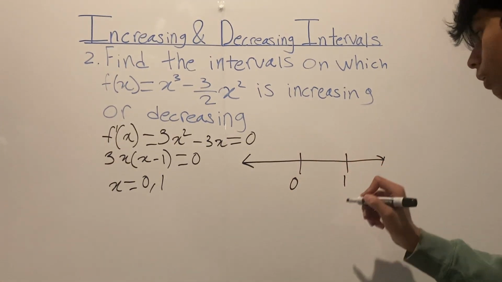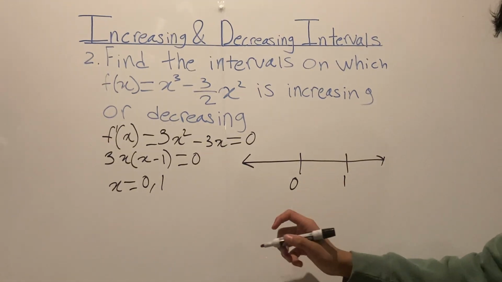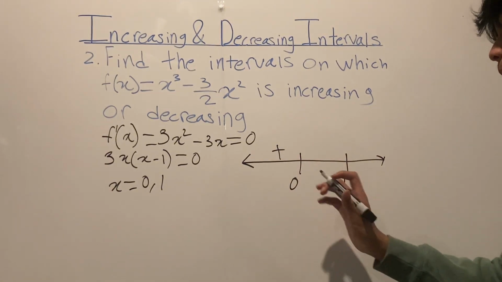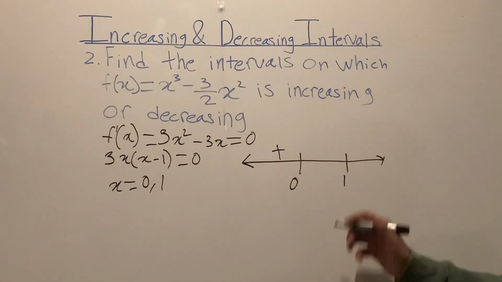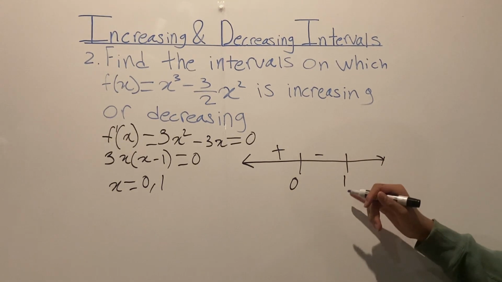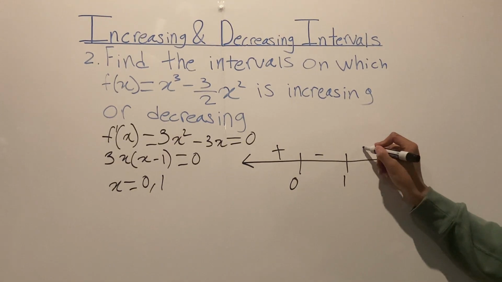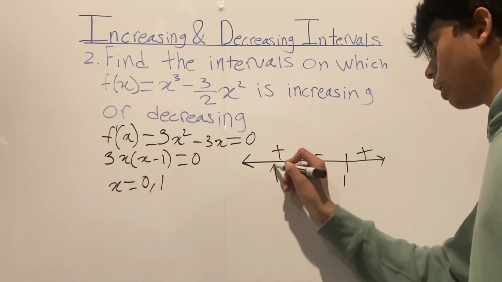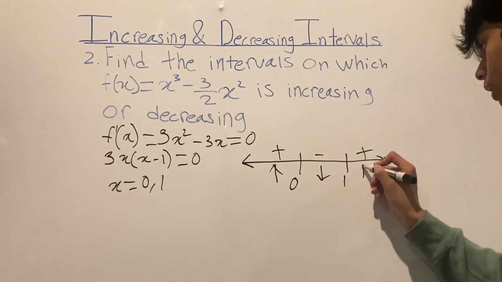Zero and 1. When you plug a value less than 0 into f prime of x, it's going to be positive. When you plug in a value between 0 and 1, like 1/2, it's going to be negative. And when you plug in a value greater than 1, it's going to be positive. So now we know that this is going up, down, and up.